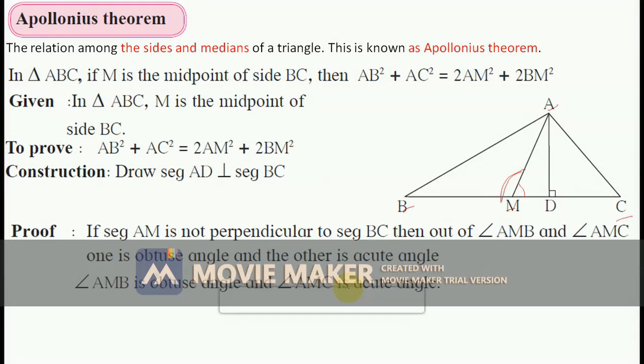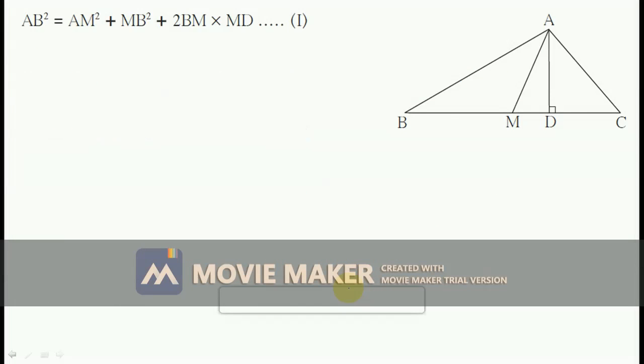Okay. From example first and second, what I have told you in examples number first and second: for the obtuse angle, which is greater than 90 degrees, AB square equal to AM square plus MB square plus 2BM into MD.